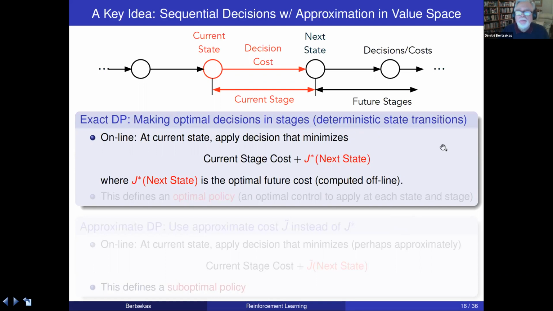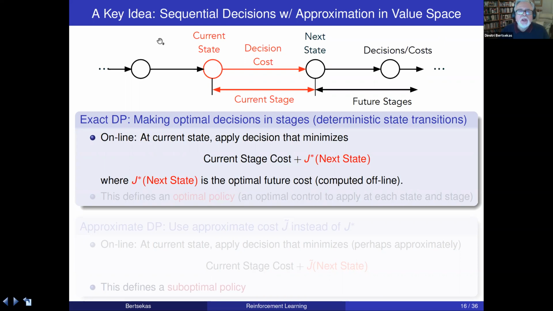Okay, so there is a key idea here of approximation in value space in the context of sequential decision making. This idea is very central, and we're going to be coming back to it again and again.